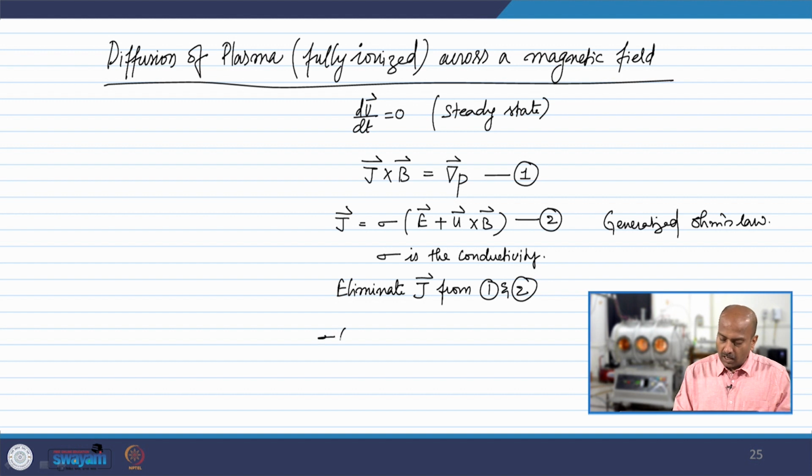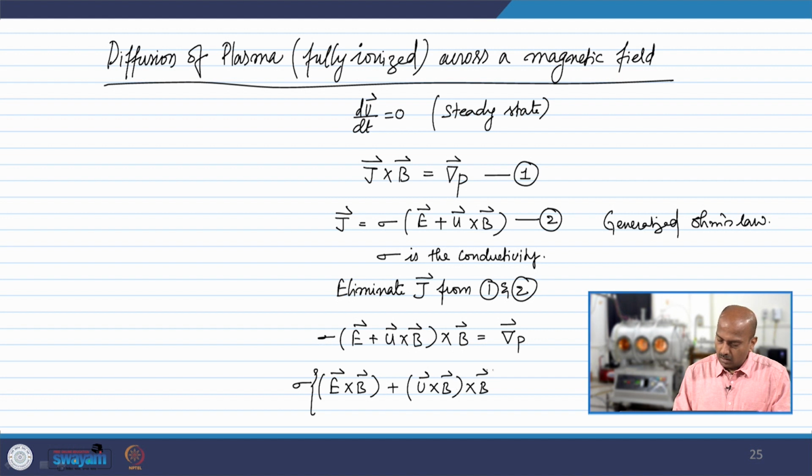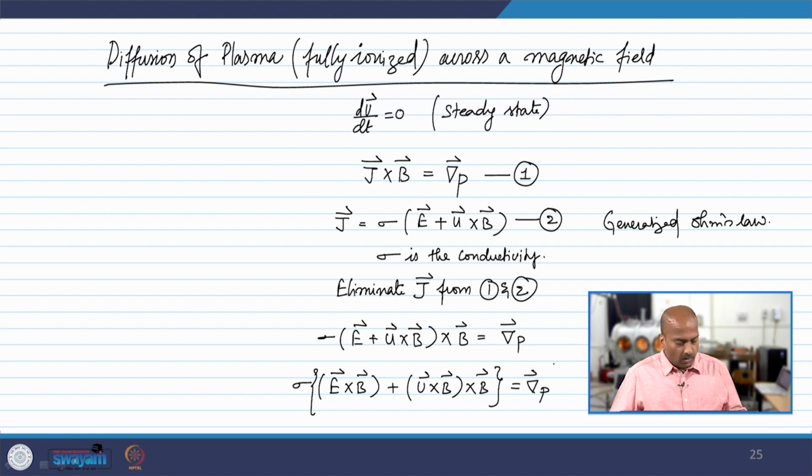So, sigma times E plus U cross B is del P. Okay. So, just some vector operations: J cross B, that is sigma times E cross B plus U cross B cross B, is del P. All right.